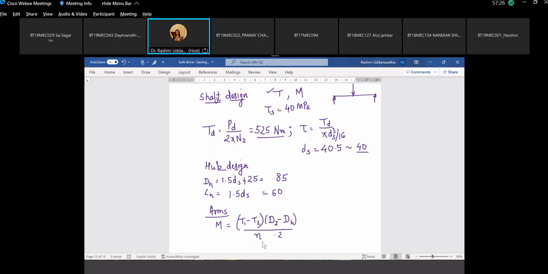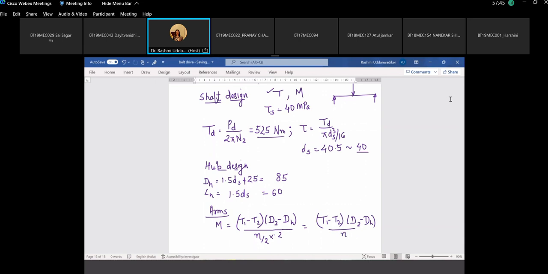And so this comes out to be n by 2. And in the formula, in the design data book, F1 minus F2 is same as T1 minus T2. This is the diameter of the larger pulley, diameter of the hub by n.